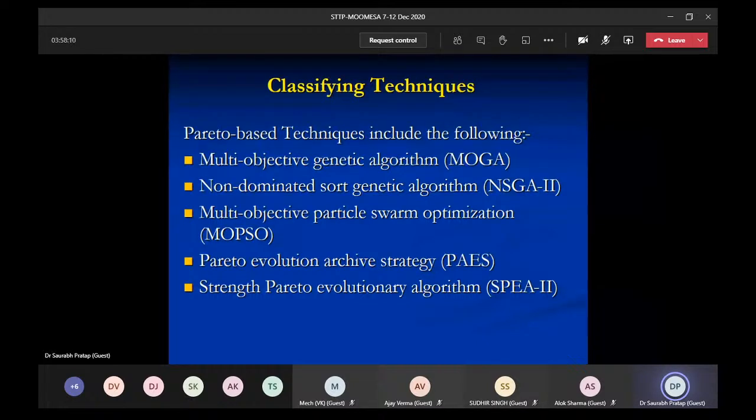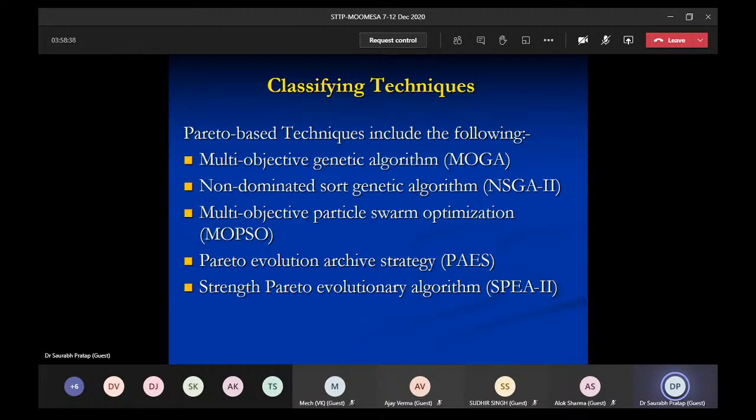Now, before going to the next slide, I would like to explain why we are using optimization techniques, and what the different types of optimization methods are. In a broad way, we can say that there are three ways to optimize the scenario. The first one is the exact method.